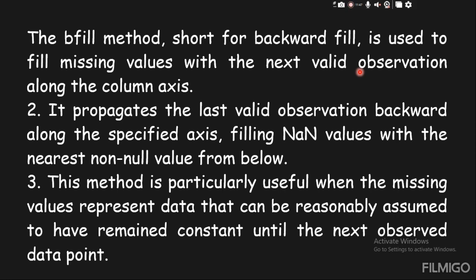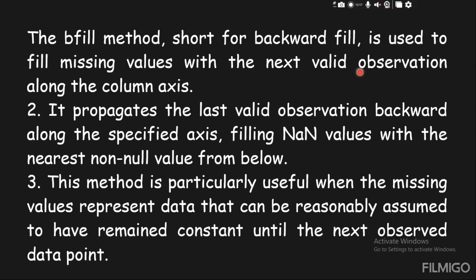So we need to fill these 7, 8, 9 values, right? So we used the bfill method. Now this bfill method searches for the next valid observation, meaning not a missing value, and that value should be present after these missing values. So here 7, 8, 9 position observations are filled with a value called 10.